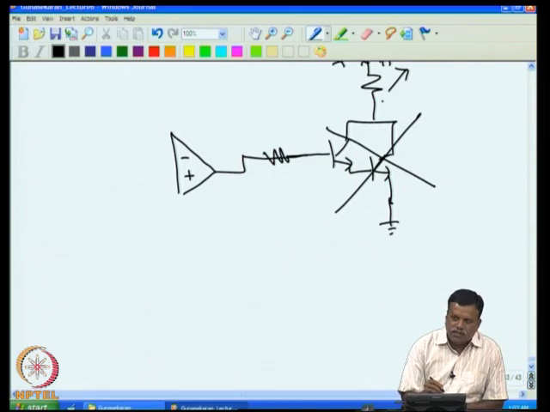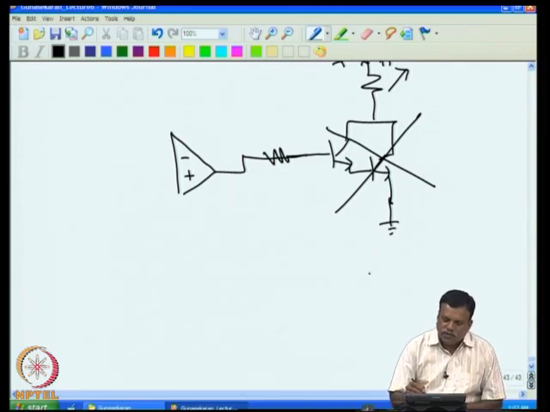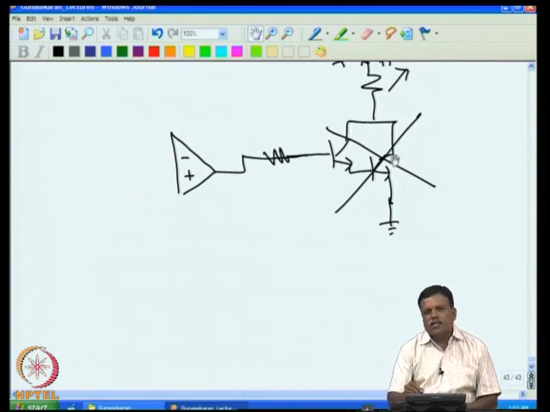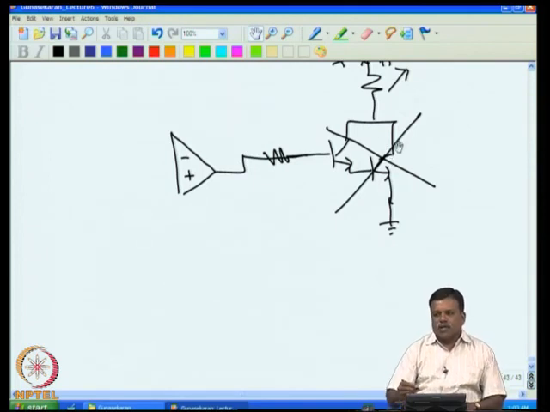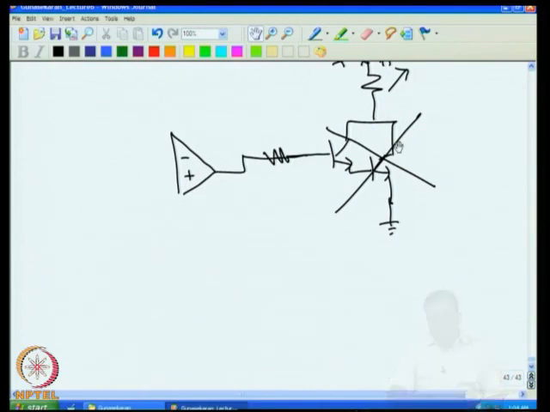Of course, one simplest thing that can be done is we can add a resistance here, and then we can have a scaled resistance at the collector, or we can use this voltage as a reference and then increase the voltage and drive the heater to a higher voltage. All these things can be done. That we will do in the next class.